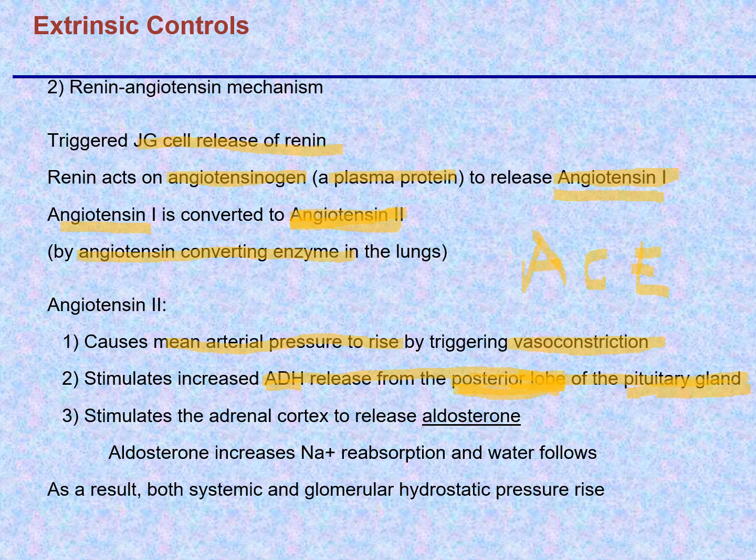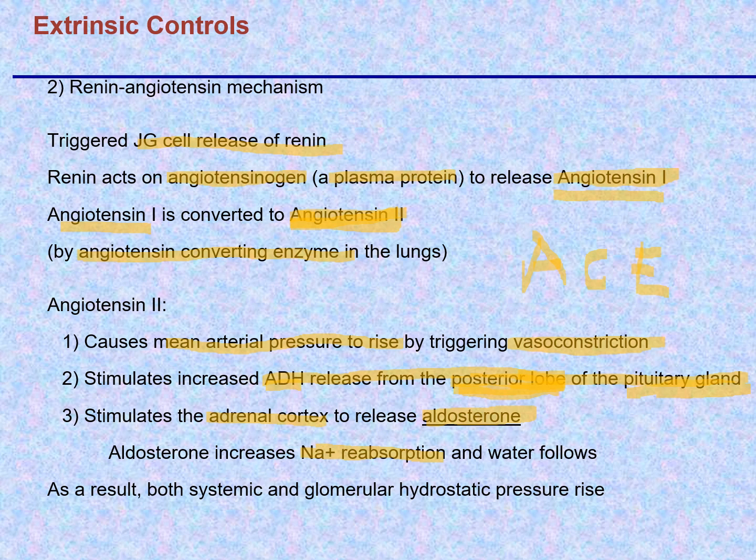The other thing that angiotensin 2 does is that it will stimulate the adrenal cortex to release a hormone called aldosterone. What aldosterone does is it causes increased reabsorption of sodium in the kidneys.